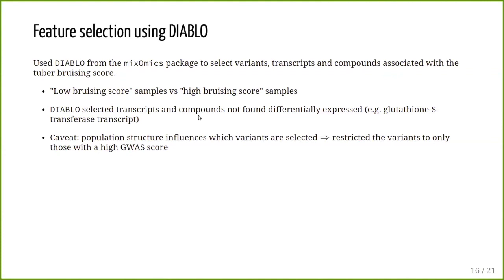Now, the reason why I wanted to talk about that here today is because when we did the multiomics data integration, we realized that if you just give the variants that you have to the integration tool, you also have a very strong influence of population structure on the results of the integration.